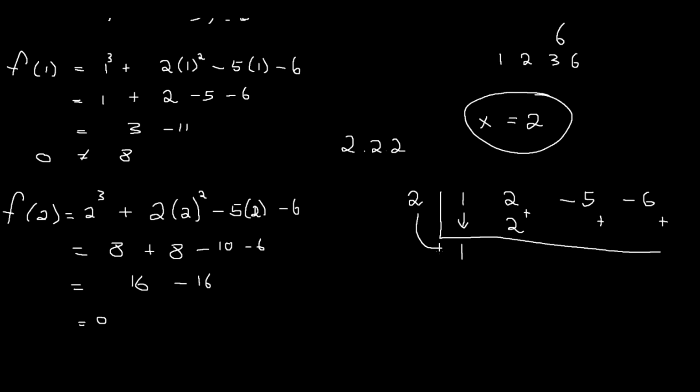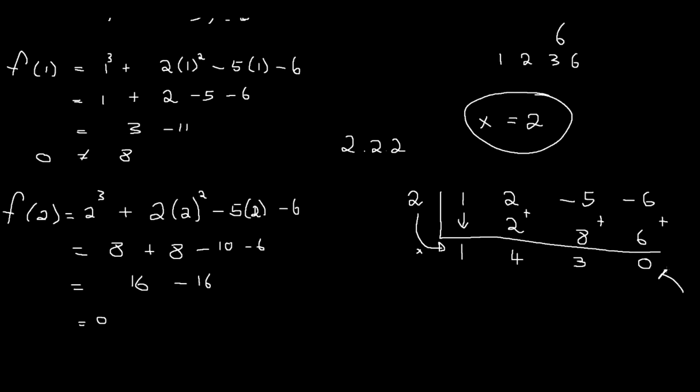So you multiply, add, multiply, add, multiply, add. So here we have 4. So 4 multiplied 2 is 8. -5 plus 8 gives me 3. And then I have 2 multiply 3, which is 6, which gives me 0.